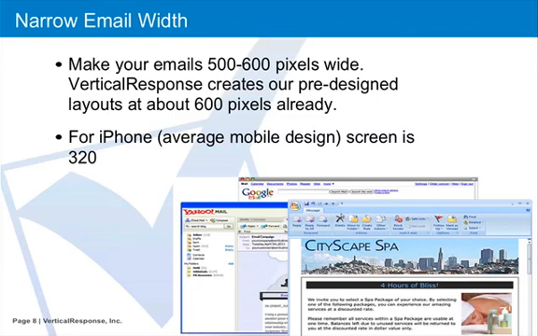Now, if you're using the templates that we have set up in our system, they're already set up at about 600 pixels because, again, this is the ideal width even for looking at an email in just a standalone inbox, not just on a mobile phone. So you can use our templates either in the wizard or the canvas tool, and as long as you're not putting really wide images that might push them wider, you'll stay within the width that you need for your mobile phone readers.